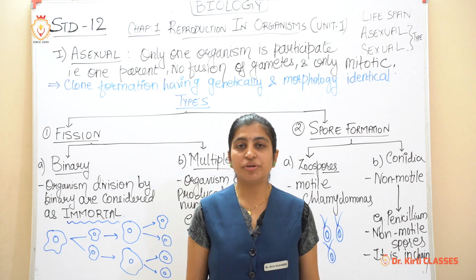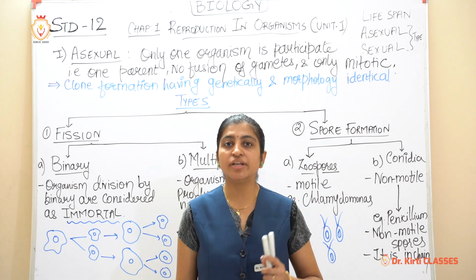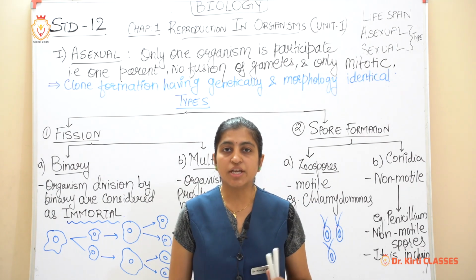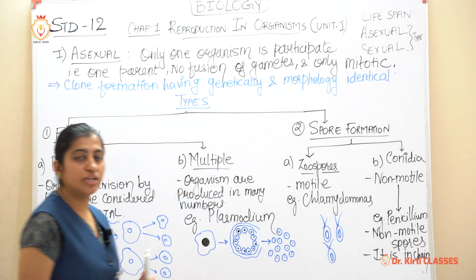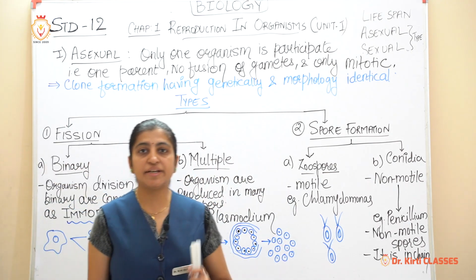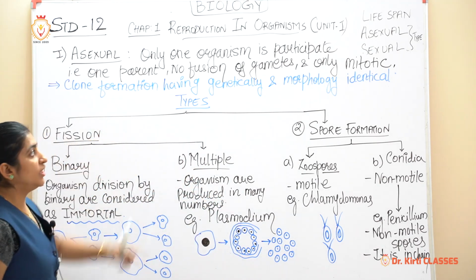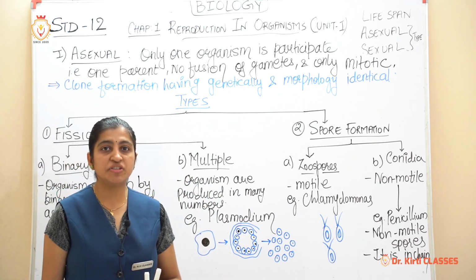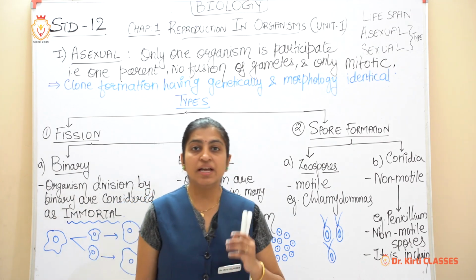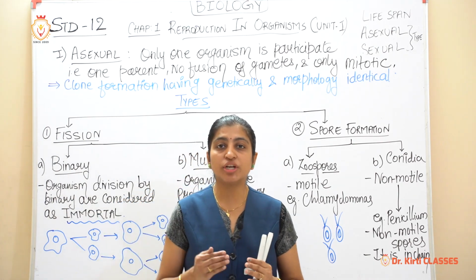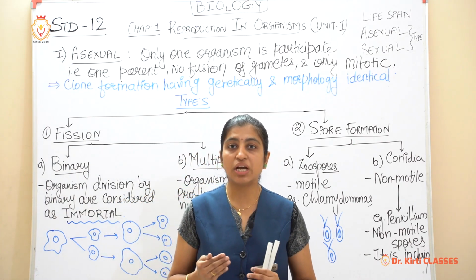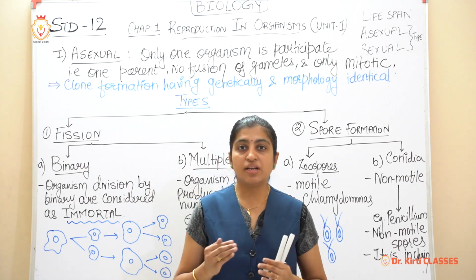The first type of reproduction we will see is asexual reproduction. Here we will look at some definitions, some points and characteristics regarding asexual reproduction. Only one organism participates. Previously we saw that according to the number of organisms which take part in reproduction, there are two types.